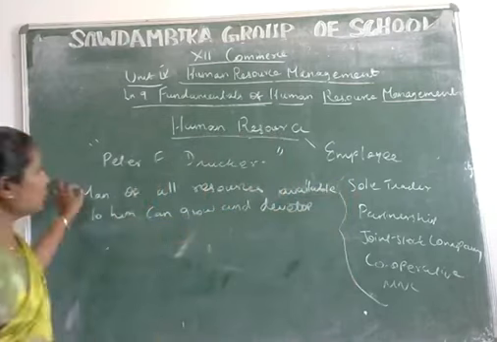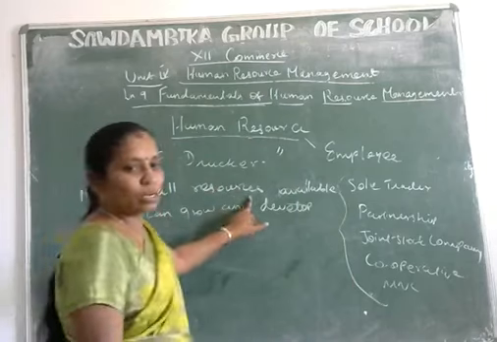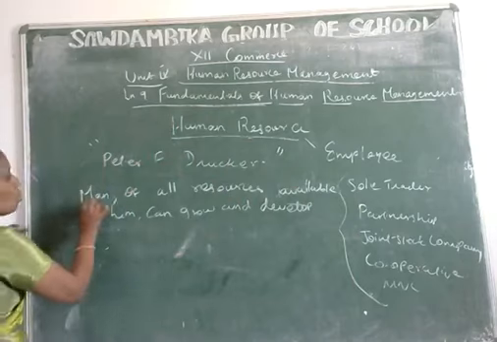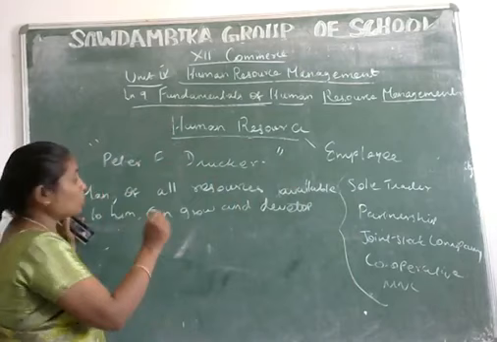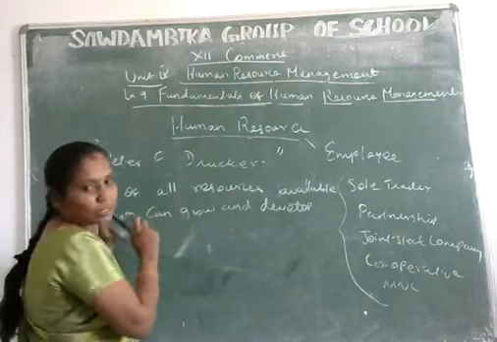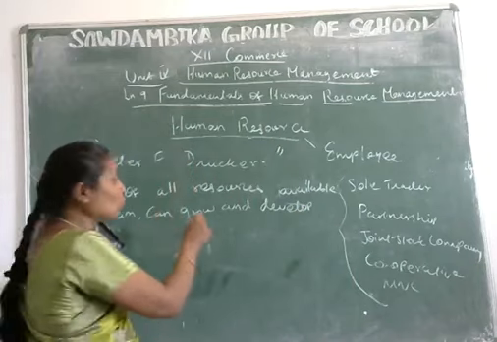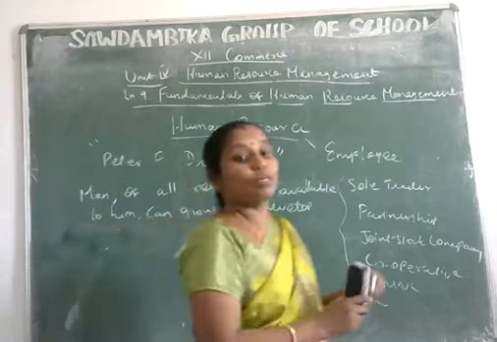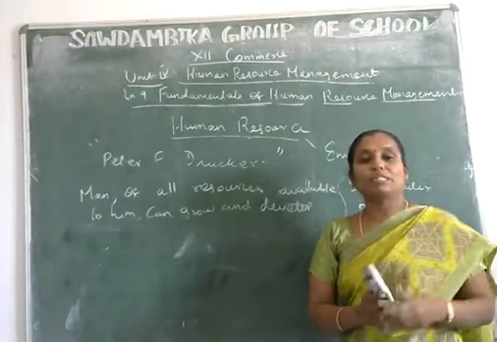So what is Peter F. Drucker's definition? Man of all resources. The human being, man, is also one of the human resources. Of all the resources available to him, these resources can grow and develop the organization. Which resource helps to develop the organization?